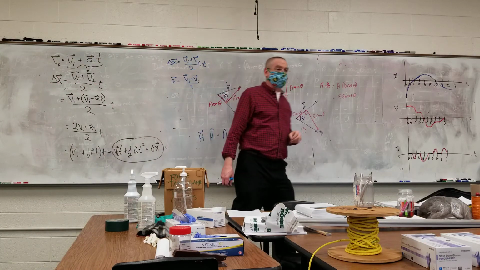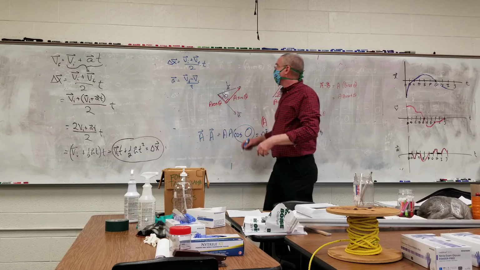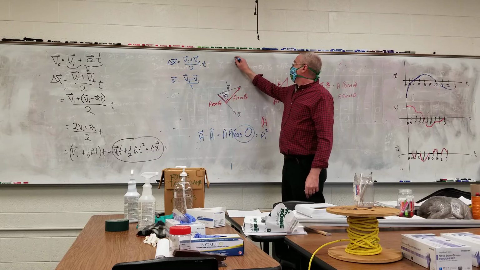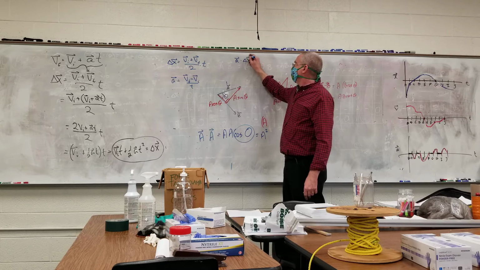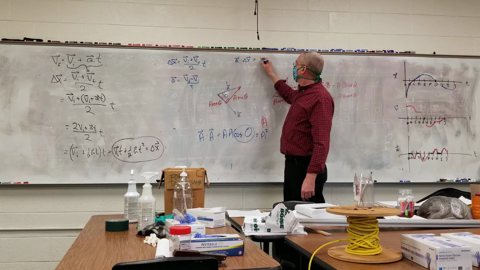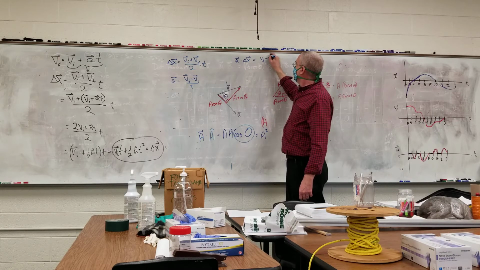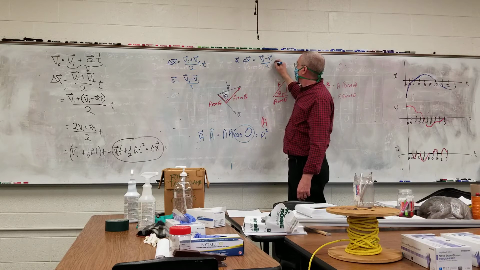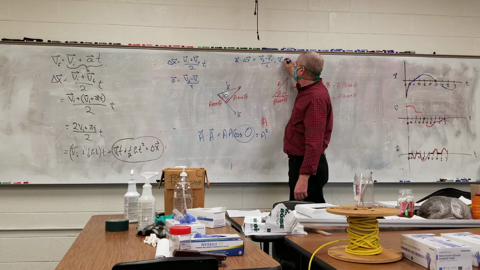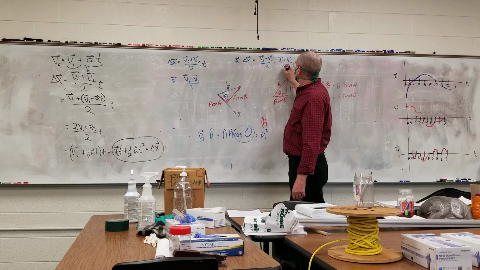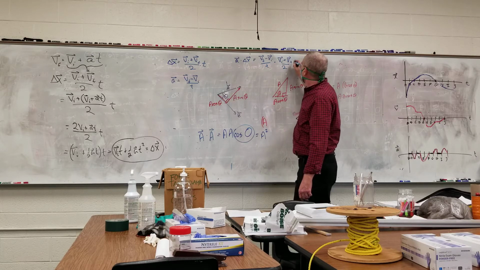I have to multiply them the same way, so we'll do dot product for both sides. So I have A dot delta x equals VF minus VI over T dot VI plus VF over 2 times time.